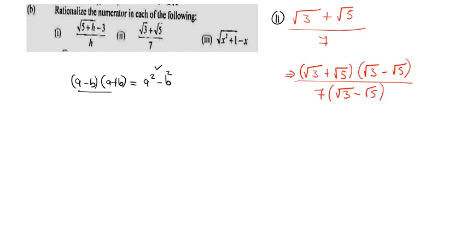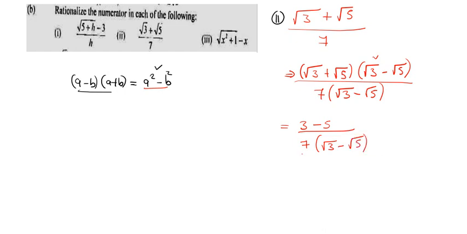Okay, so on top there's a difference of 2 squares, so we'll obey that. So we'll just get this part where there's a negative there. So we'll say root 3 squared, that would be just 3, then minus again root 5 squared, that would be just 5, then over we have 7. Then we can't do anything there, it's better we just leave it. If you want you can distribute, but for me I'll just leave it like that, minus root 5, like that.